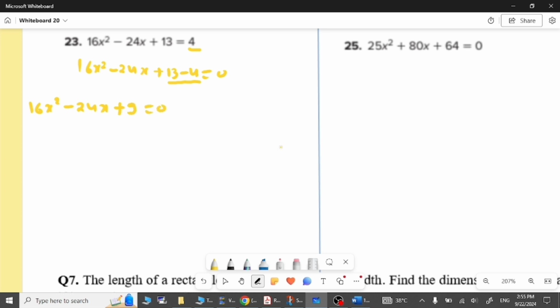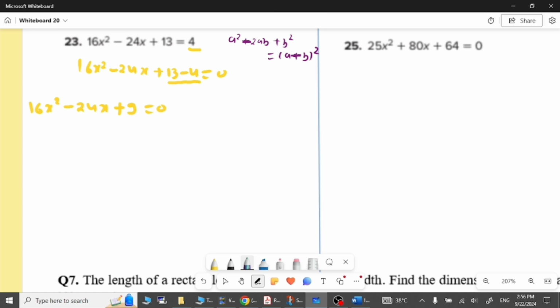Now I am going to use the formula a² + 2ab + b² = (a + b)². Here minus is written, so I will be using minus.